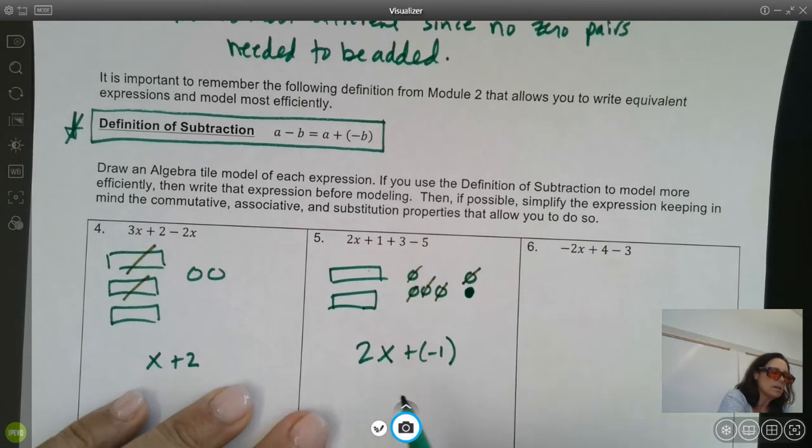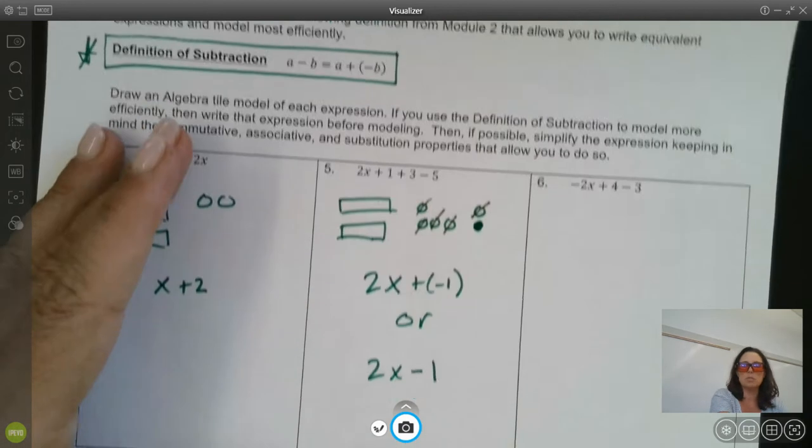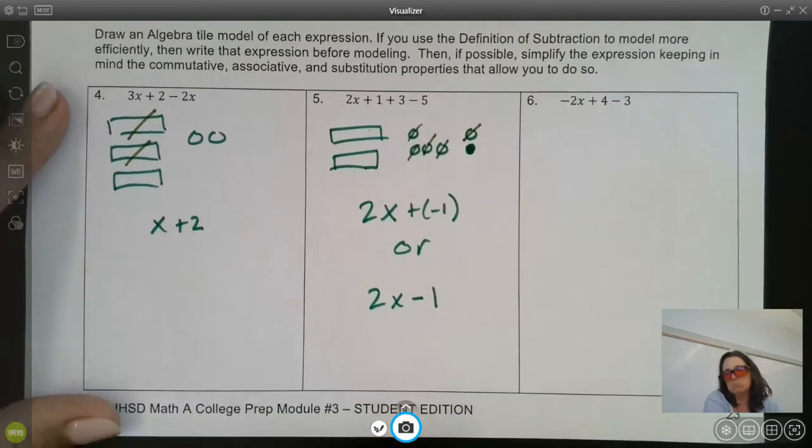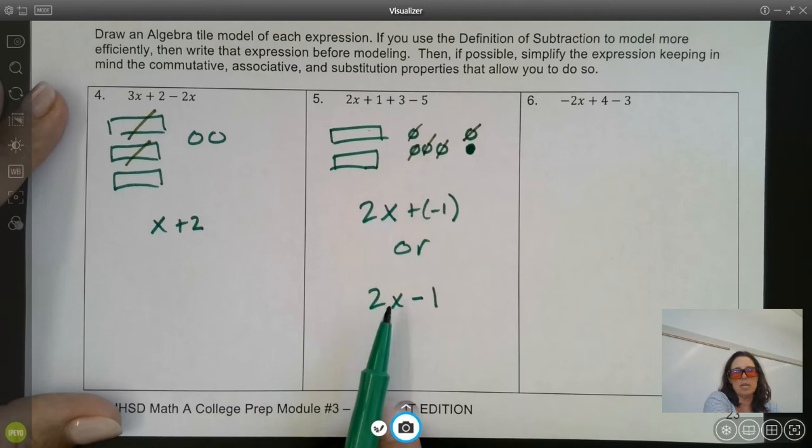Okay, or if you want to write your answer 2x minus 1, you may. These answers are the same in the end. Their models are different if we had to model them, okay?